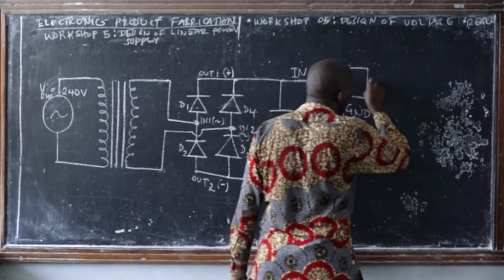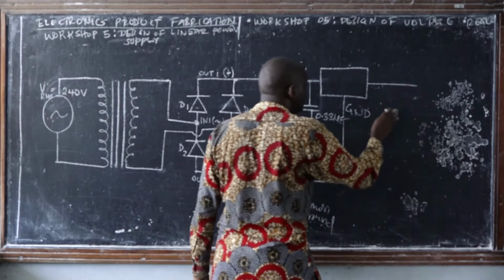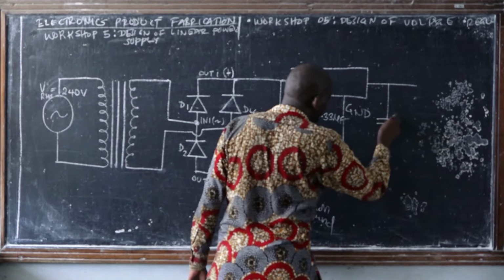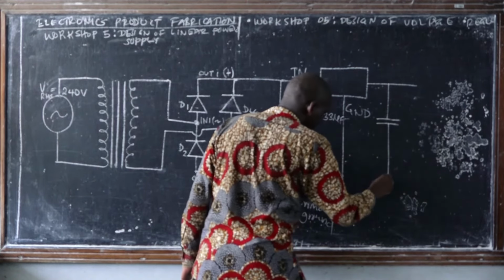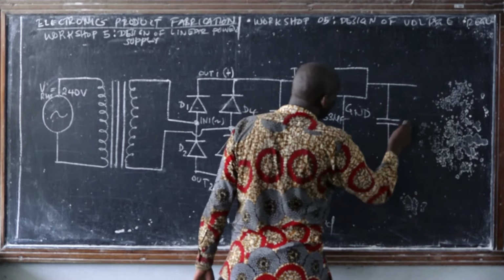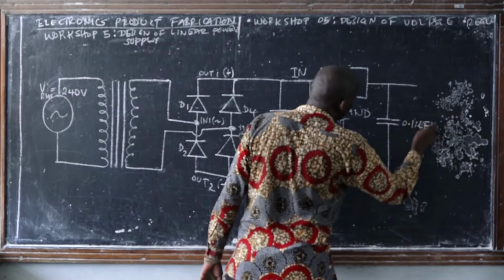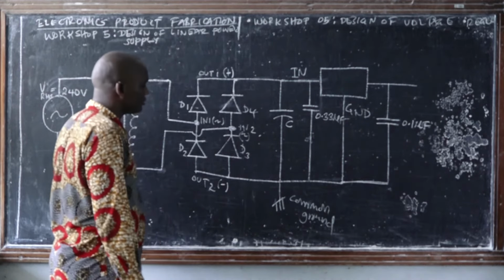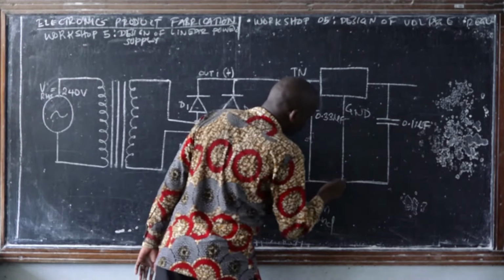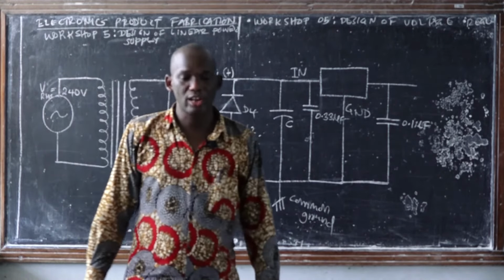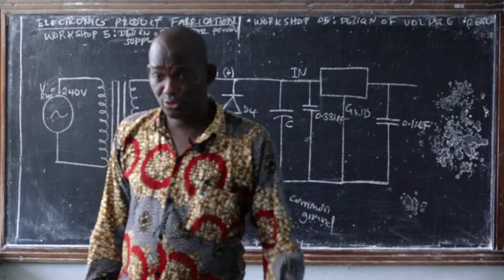Then here we are going to have another ceramic capacitor of 0.1 microfarad. So then, this is what we have been discussing in workshop 1, workshop 2, workshop 3, workshop 4, workshop 5.